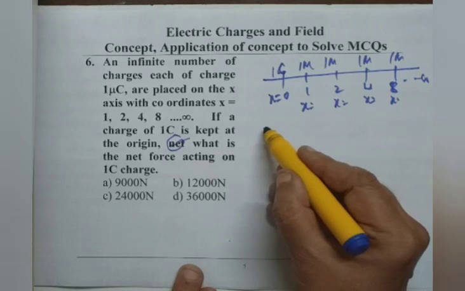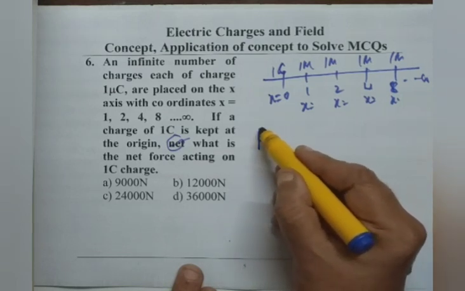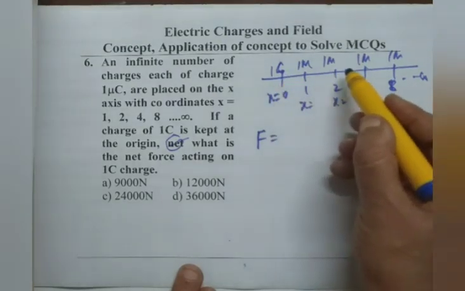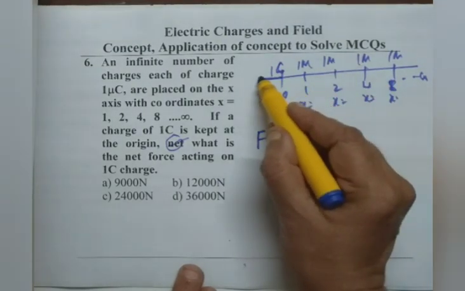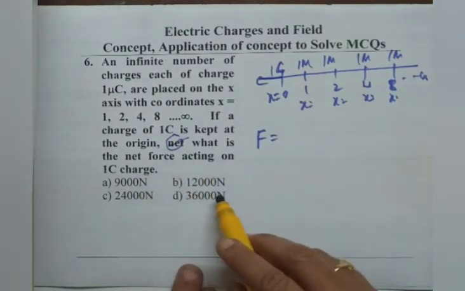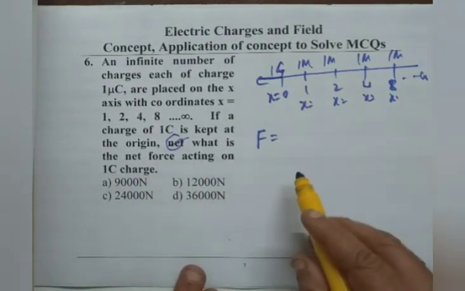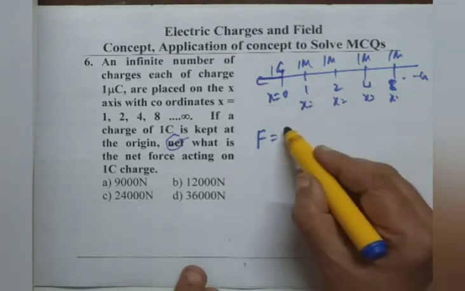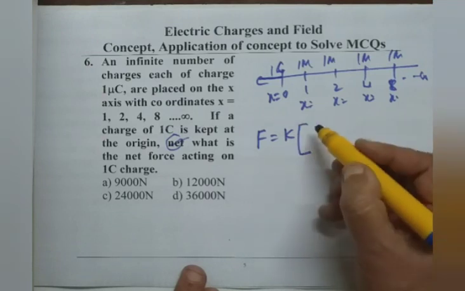For that, we write Coulomb's law and the principle of superposition, without worrying about the direction, because all the charges are positive, so the force is towards the negative x direction. As in the options, direction is immaterial, we don't bother about it. We write, for all of them, k, the 1 by 4 pi epsilon naught, is the same, so we take it out.